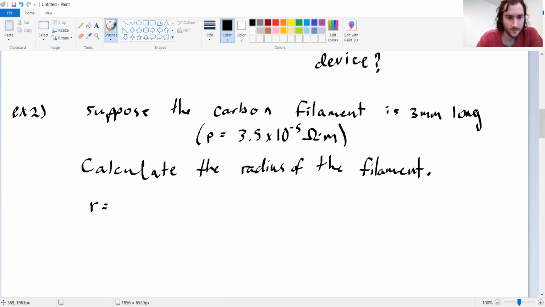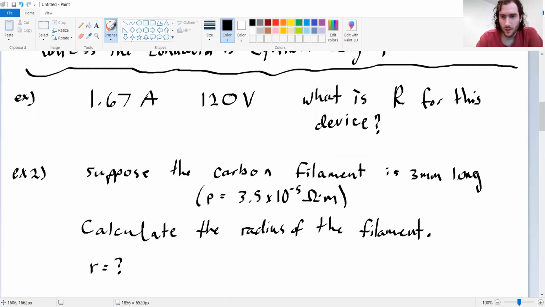So we know the resistance from the first part. We know the length and we know the resistivity. So we should be able to calculate the cross section of the wire and therefore get the radius.